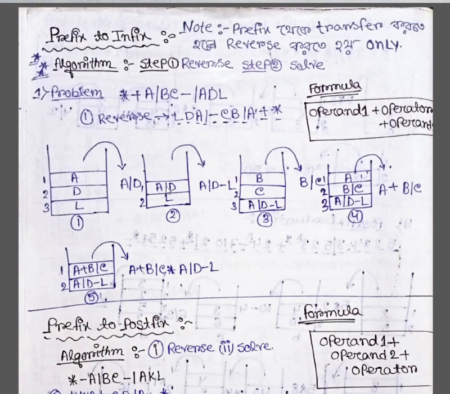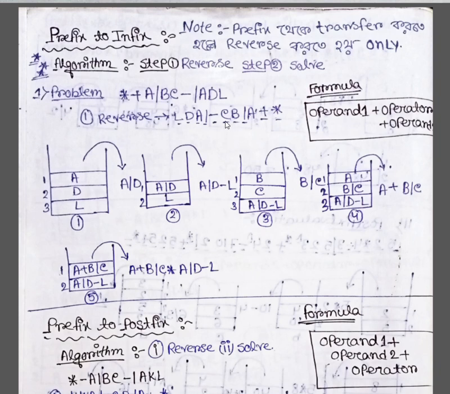So A divided by D. Then we write the minus operator, and then this L, because we also have to write the operands. So this is L. This is our current state, and we push it in this stack 3.